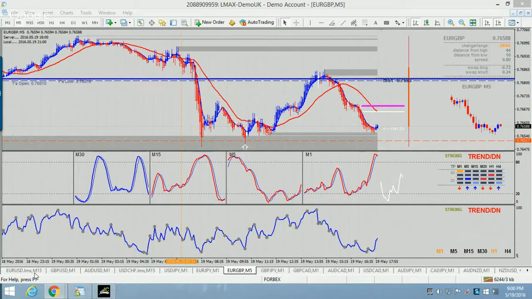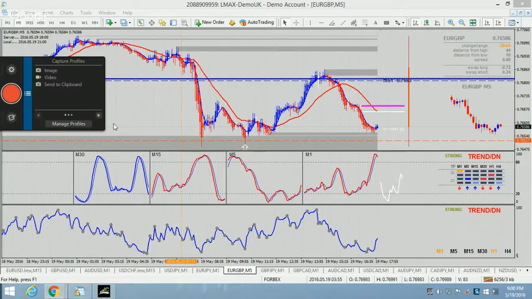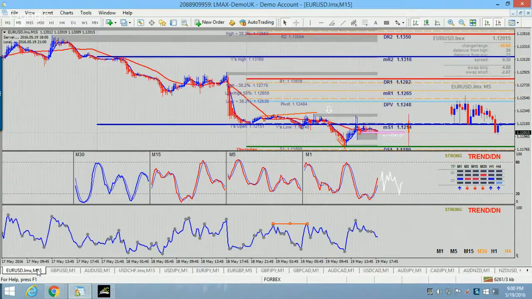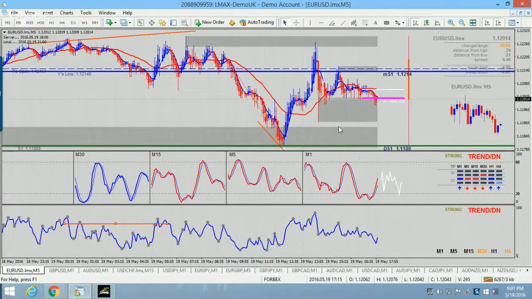Now, if you are a beginner, just open your charts and exercise a bit by taking a look and seeing what the market is doing. Here on Euro US also, let me show you. So we had this really nice level, okay?